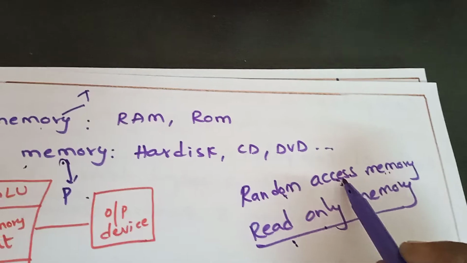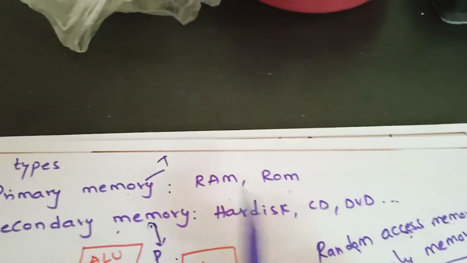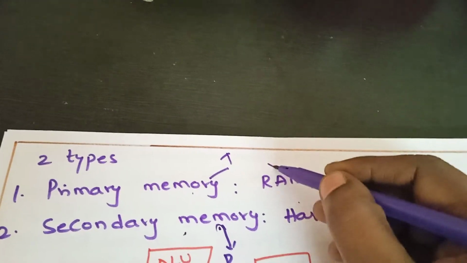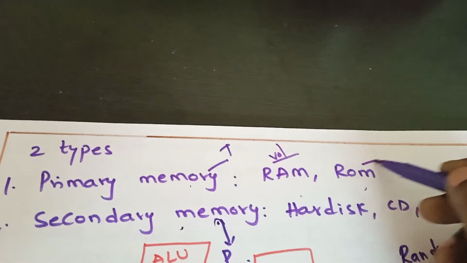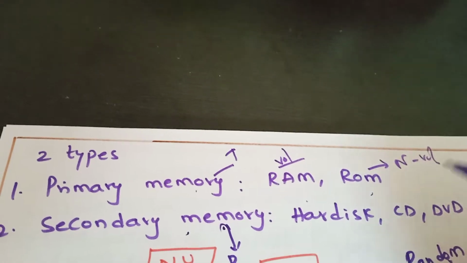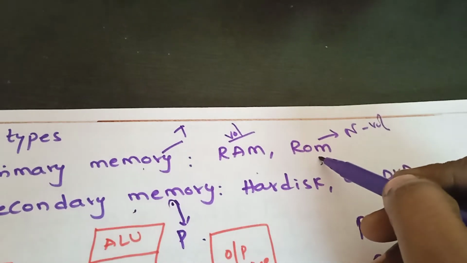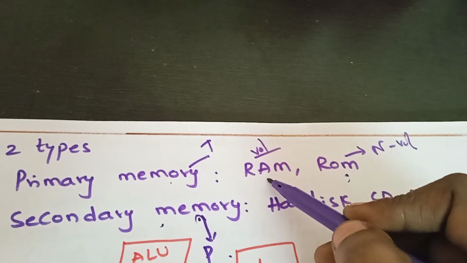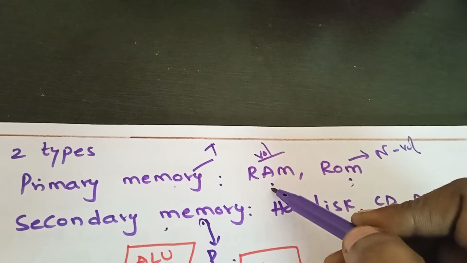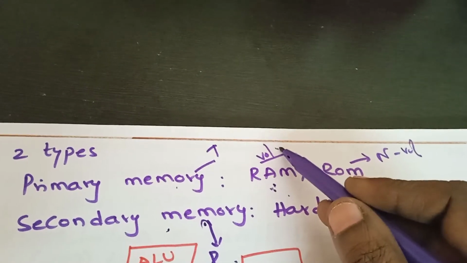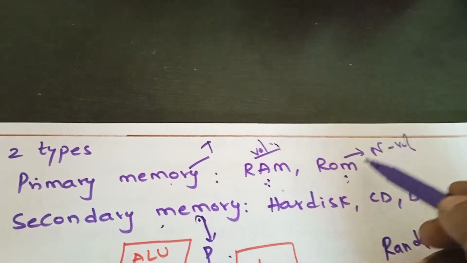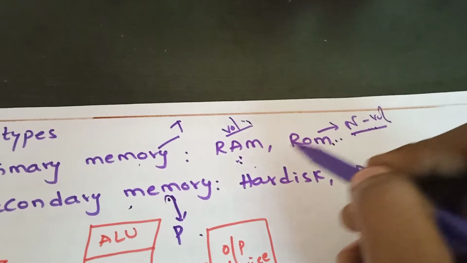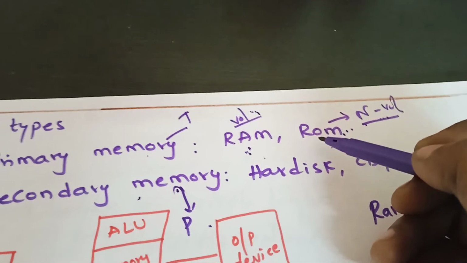RAM is a volatile memory and ROM is a non-volatile memory. We can modify the data available in the RAM, because it is volatile memory. We cannot modify the data available in the ROM, because it is non-volatile memory. That is the difference between these two.